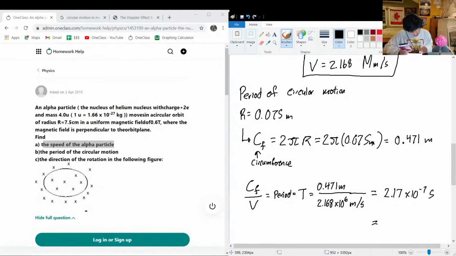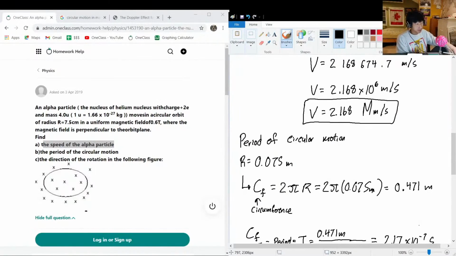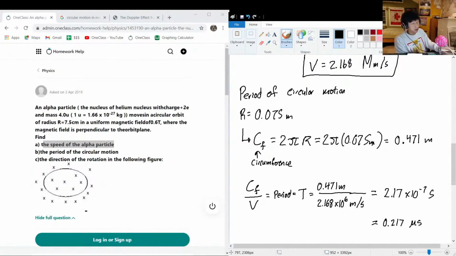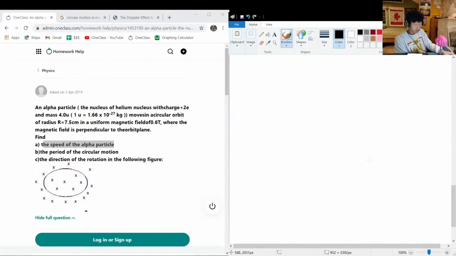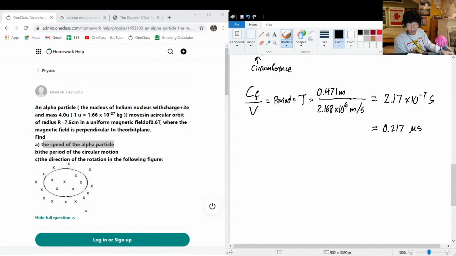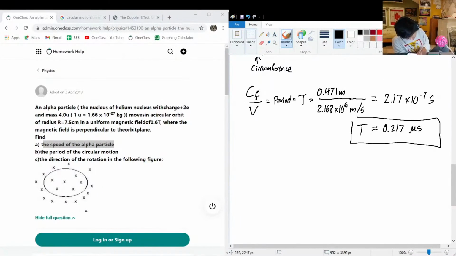Another way that we can write this is 0.217 microseconds. So that's a very short period, but we would expect something like that given that the circle is 7 centimeters and we're traveling at millions of meters per second. Okay, very quick. So this is going to be T, and that's the second component of our final question, and that is resolved.